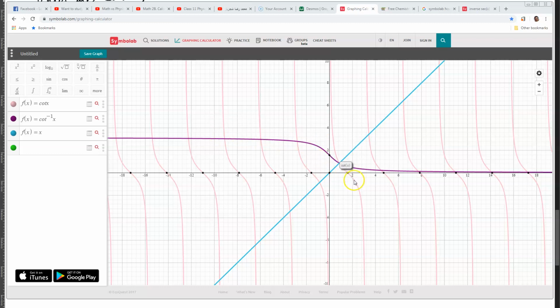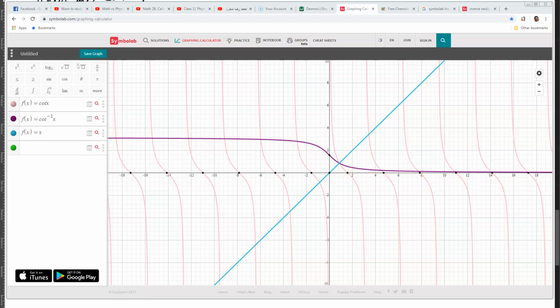And then, for example, this point mirrored through the line gives you this point, and so on and so forth, which is pretty interesting. Of course, this is only the principal value branch of the cos inverse function.